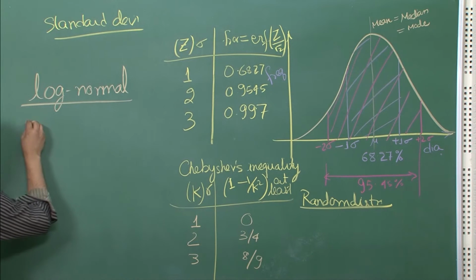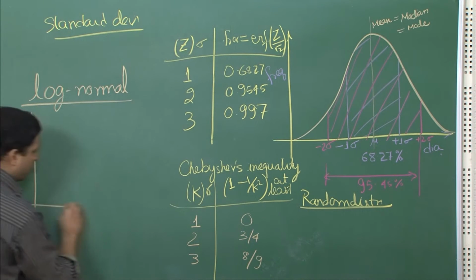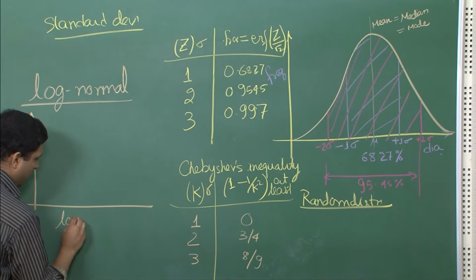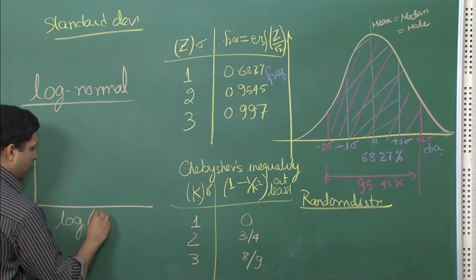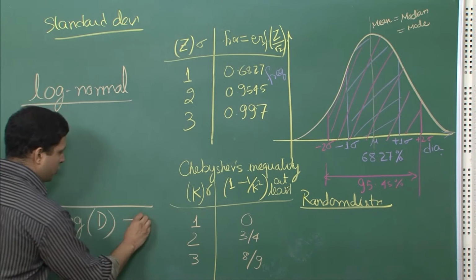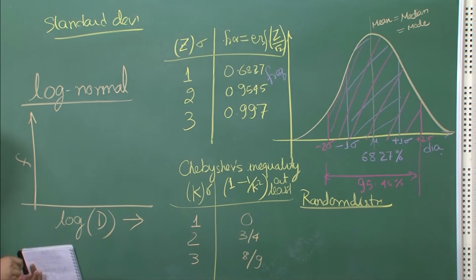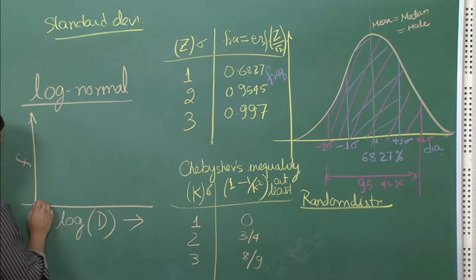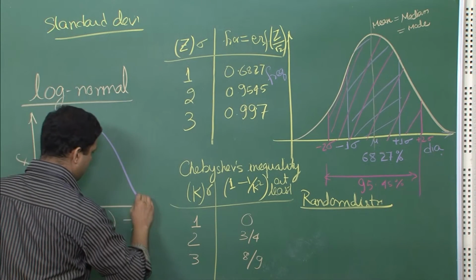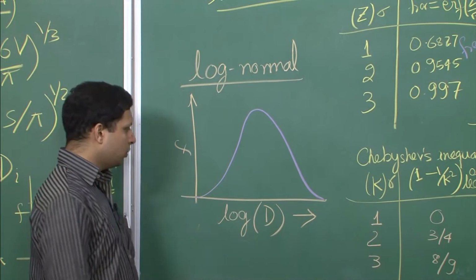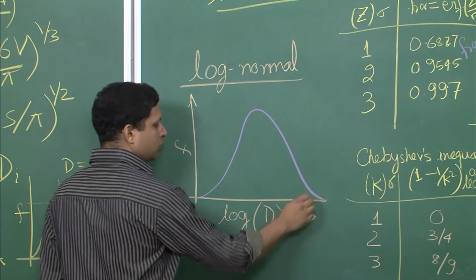What is log normal distribution? It is similar to normal distribution except that you have to take the log of the diameter, and once you plot frequency versus log of diameter, then you would get the usual bell curve. So, we have this log normal distribution.